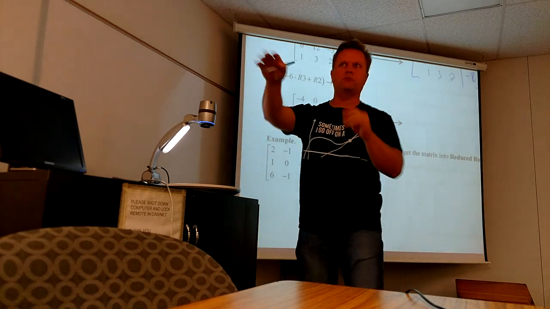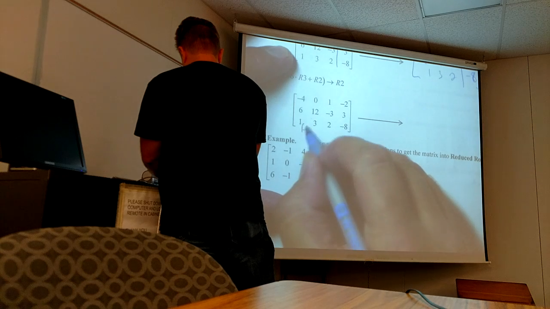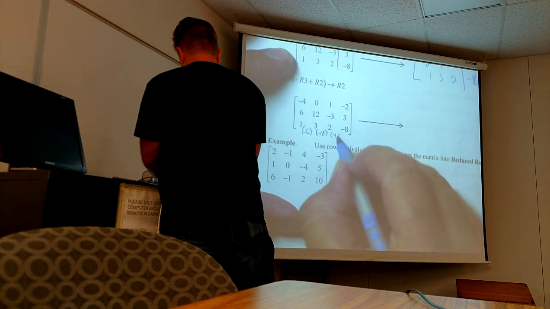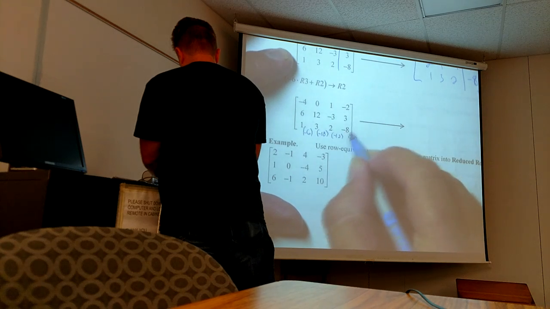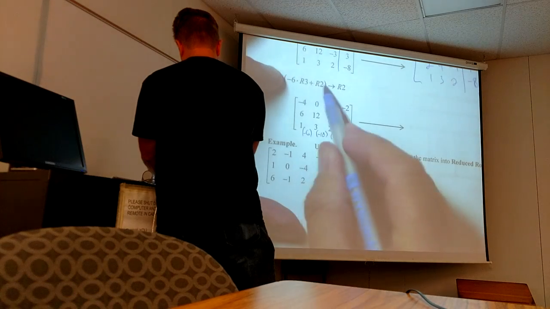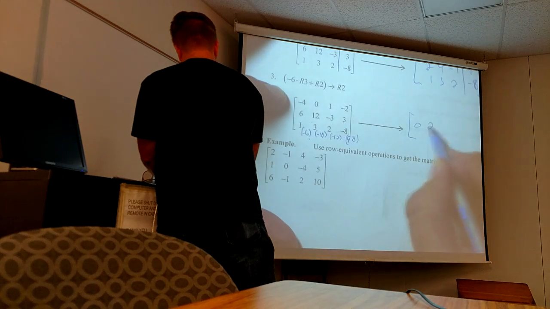If I multiplied row 3 by -6, what would it become? -6, -18, -12, positive 48. Now if I add row 3 to row 2, I'll get -6 and 6 is 0. -10 and 12 is 2.